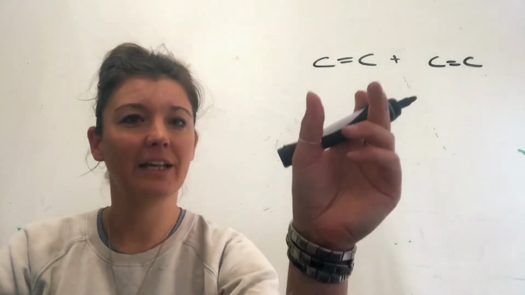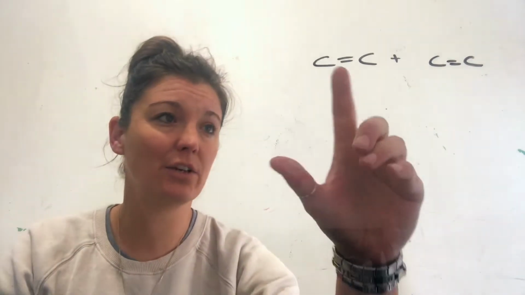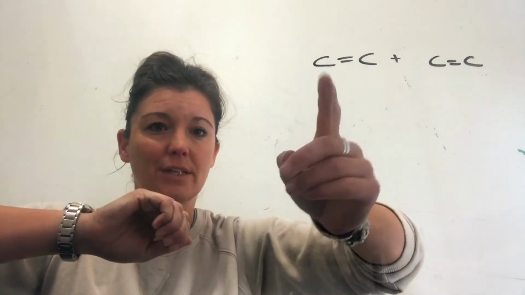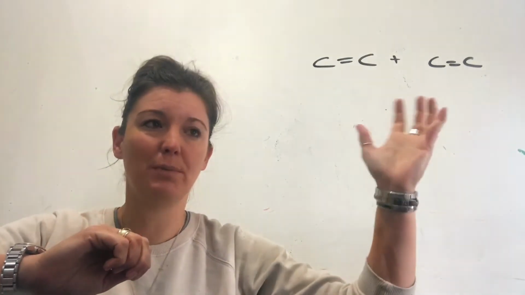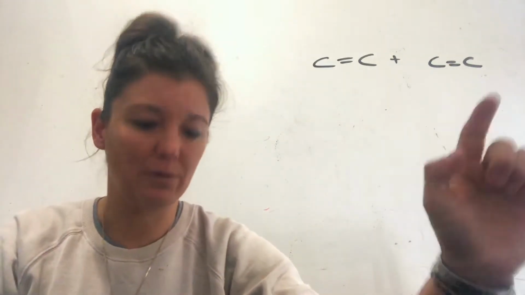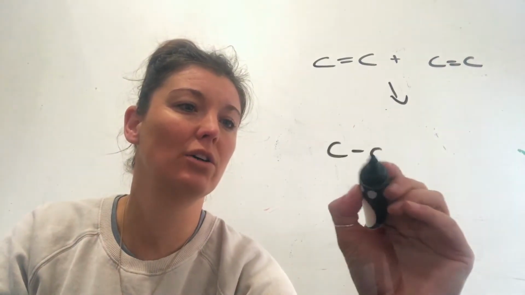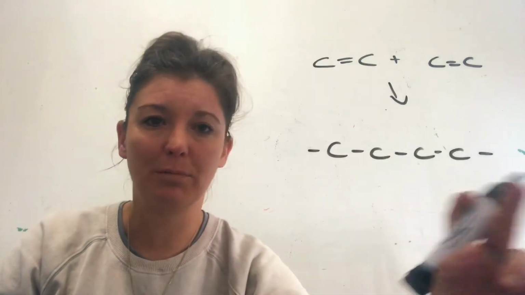And then if we add an alkene and another alkene together, those hands are going to open up. So instead of this carbon holding hands with this carbon, it's going to open up, but because there's nothing else to bond to, it's going to grab onto this little molecule, and that would result in a long chain of carbons, and that is called a polymer.